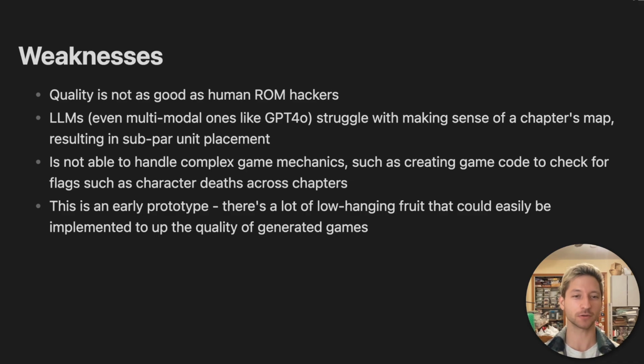Also, it's not able to handle complex game mechanics like creating game code to check for flags such as character deaths across chapters. You might have seen, our healer died when we were playing through the chapter, but then they came back and acted like they weren't dead in the conversation following the battle.